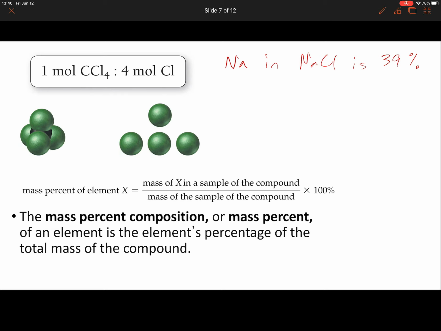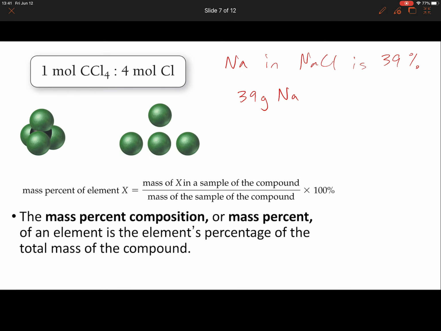So what this allows us to do is to say that for every 39 grams of sodium, right, because percent means 100, cent is 100. So 39 out of the 100 is sodium. Now we can make this however we want. We could say 0.39 grams out of 1 gram. We could say 3.9 grams out of 10 grams. Whatever still is 39%. But it makes the most sense to just make these out of 100.